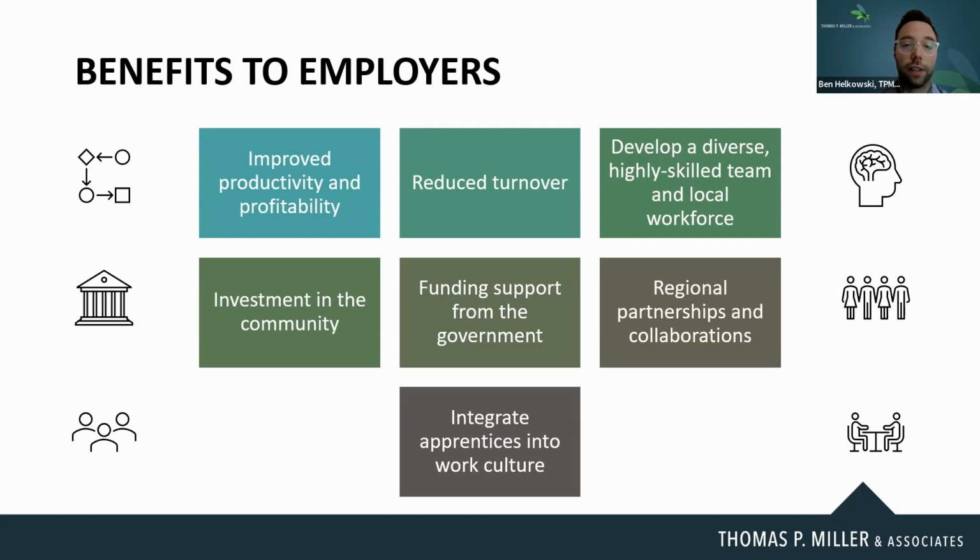Benefit number three, the development of a diverse, highly skilled team and local workforce. So similar to the reasons that I mentioned previously, registered apprenticeship programs can result in support systems that lead to increased diverse work populations. Benefit number four, registered apprenticeship programs can show and display investment in the community.